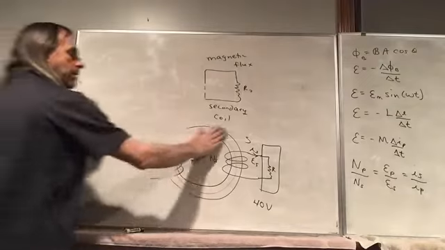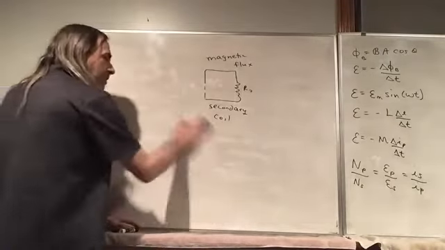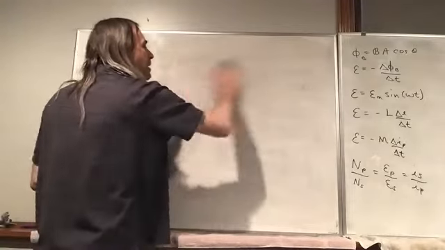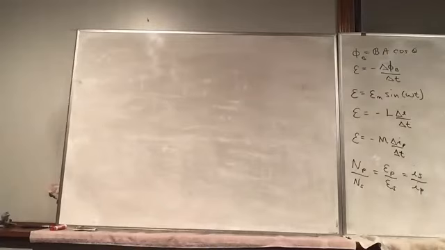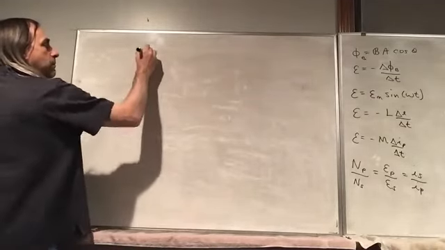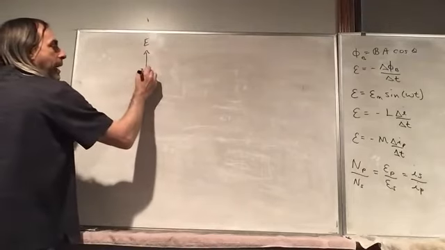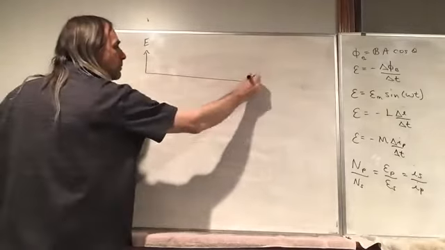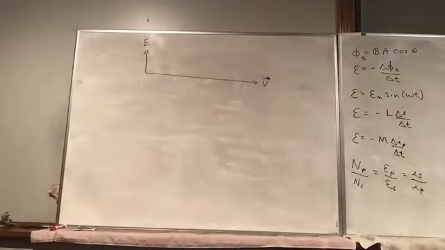All right, so we're kind of out of time, but we do have one more chapter on electromagnetic waves. Let me just summarize electromagnetic waves. So we have electric and magnetic fields, and an electromagnetic wave has alternating electric and magnetic fields.